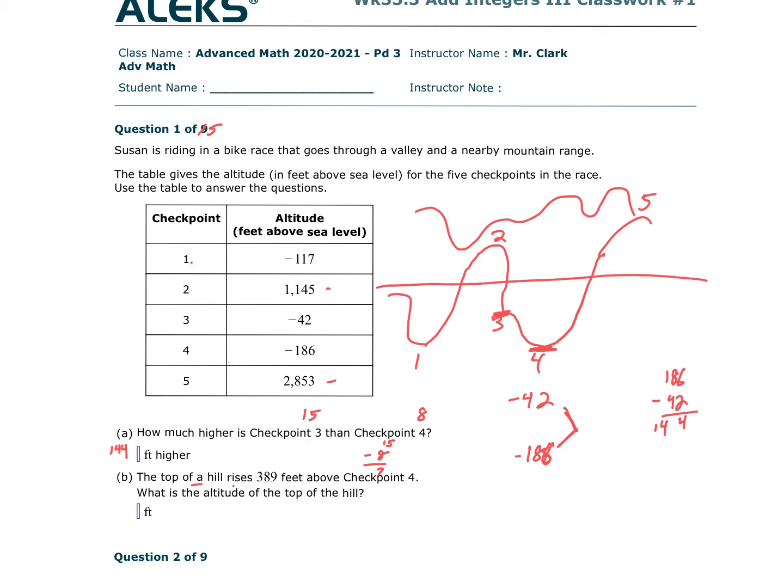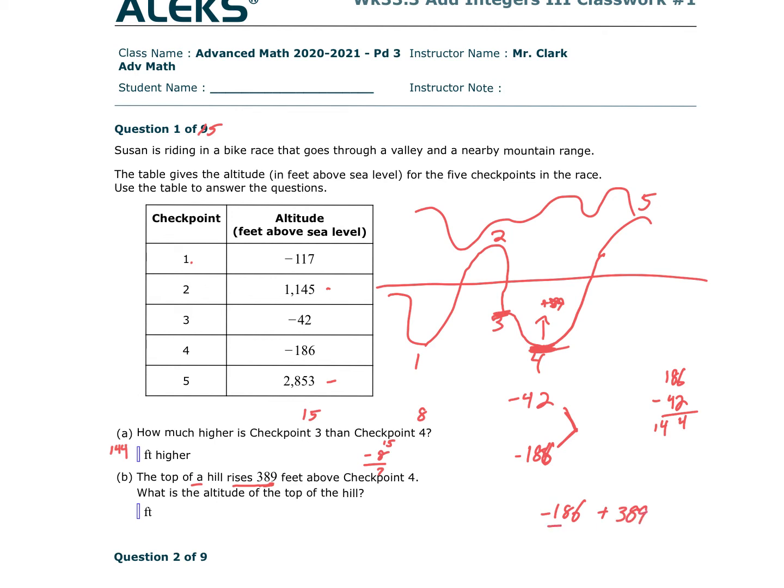The top of a hill rises 389 feet above checkpoint 4. So here's checkpoint 4, way down here, negative 186. The hill is up 389, plus 389 to that. What's the altitude of the hill? So we're at minus 186 plus 389.